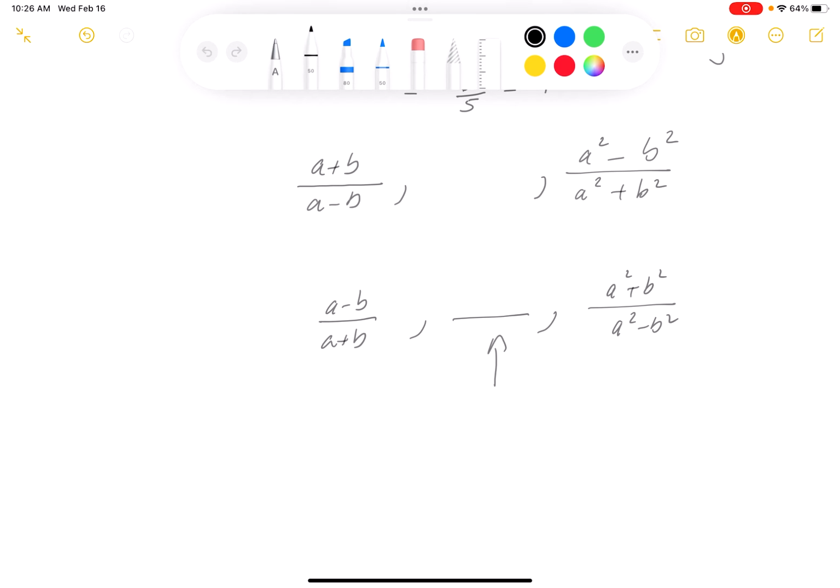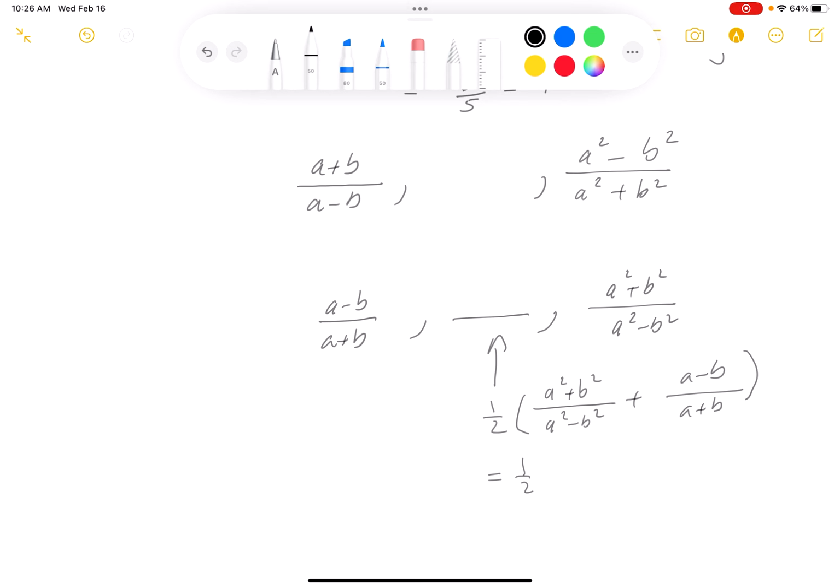So I'll write that down for you. To get this one over here, it's going to be add the two terms together and divide by 2. So what are the two terms? Fairly easy to do. It's (a squared plus b squared) over (a squared minus b squared) plus (a minus b) over (a plus b). All right, let's write this down now.